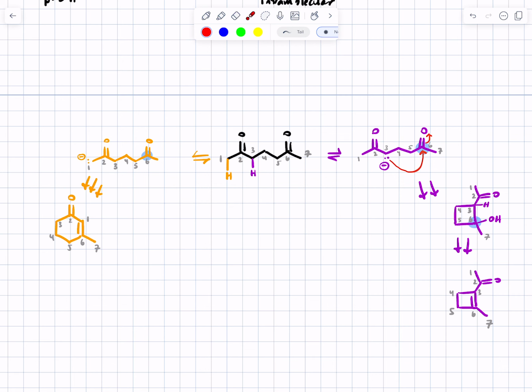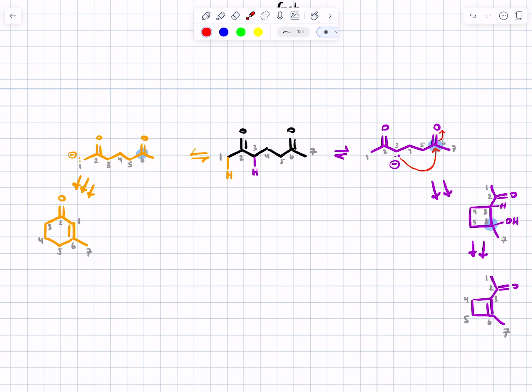So there's a point that we want to make here. In Chapter 17, we made a big deal out of which enolate you form a greater amount of based on the conditions. And we said that under equilibrating enolate conditions, you get the more substituted enolate as the major enolate. So which of these is our major enolate, orange or purple?